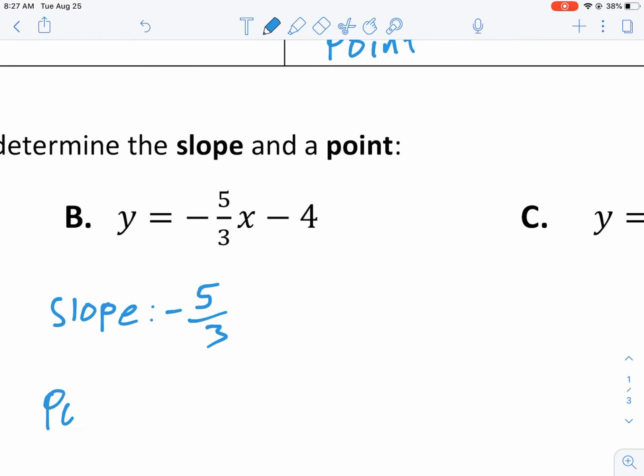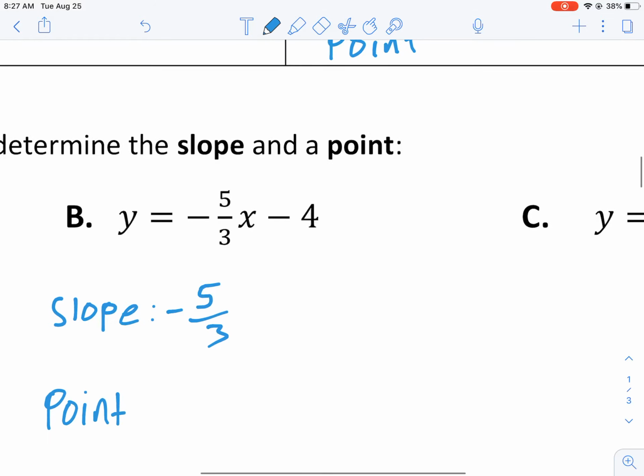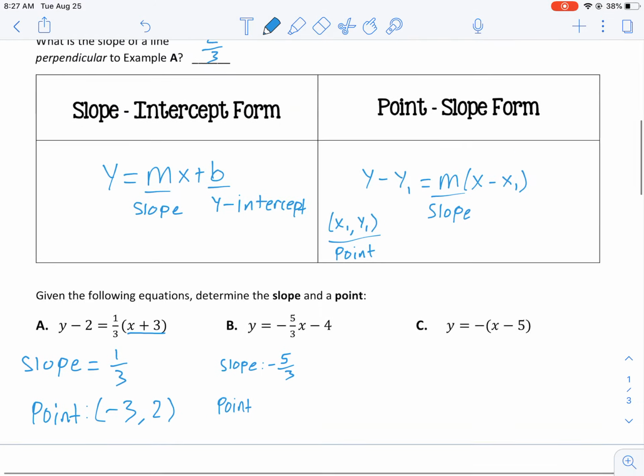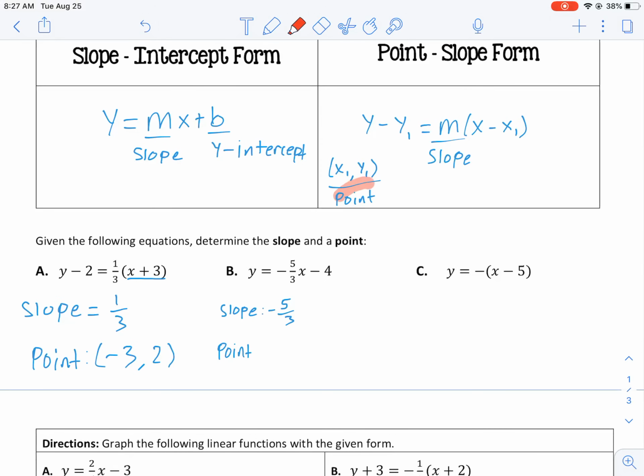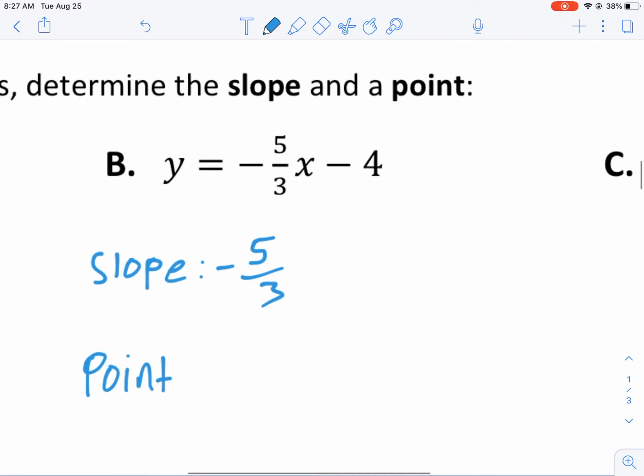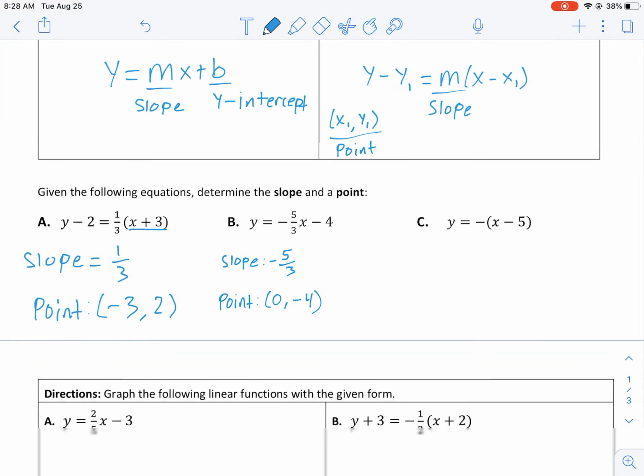And then our point: here they're not giving us a point in the way that they're giving us a point there, but they are giving us the y-intercept, and that's our point. The y-intercept is a point. It's just the value when x is 0. So if we're in slope-intercept form, they're always giving us the y-intercept, which is the number by itself. So here, that is -4. So our point is (0, -4).